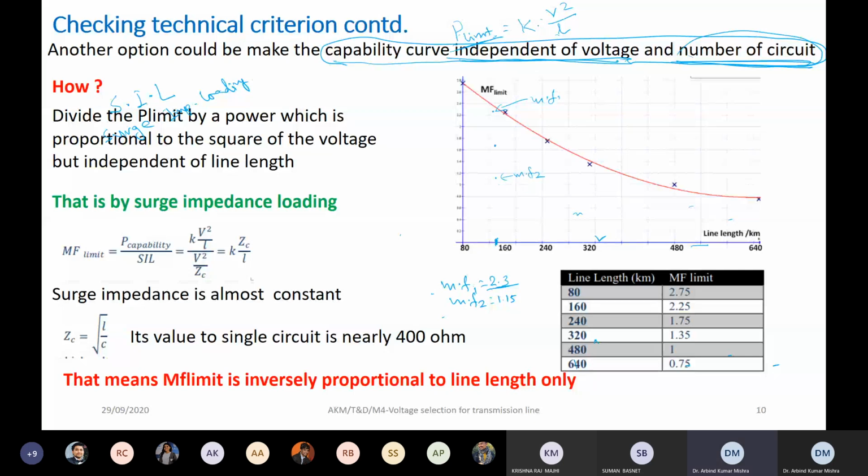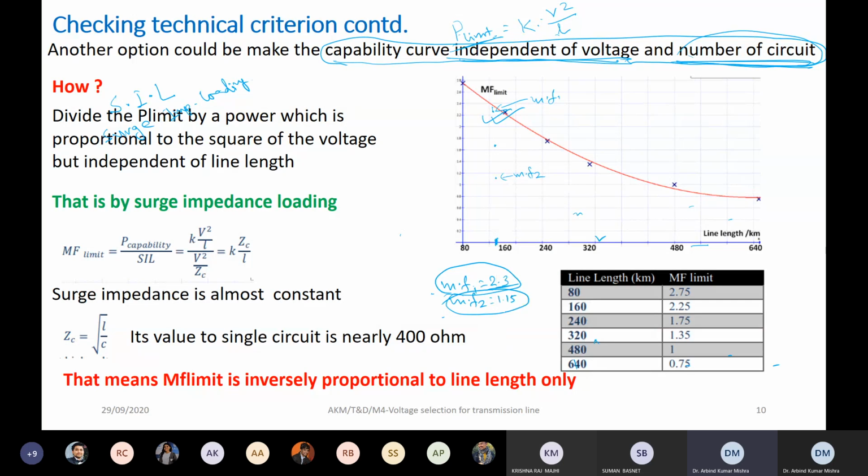So here you can see that if 100 megawatt is to be transmitted for 110 kilometers, both are satisfying. This multiplying factor MF1 is below this curve, and this MF2 is also below this curve.